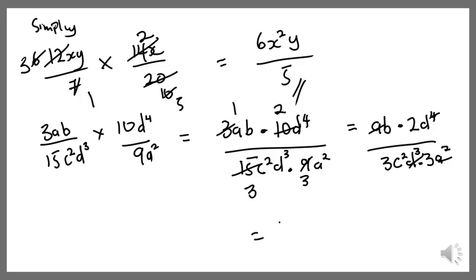We have 2bd all over 3. 3 times 3 gives us 9, all over 9c squared e squared. And this becomes our final answer.